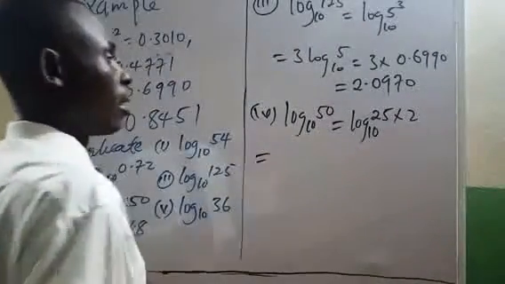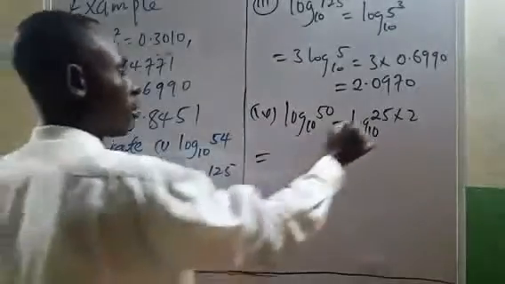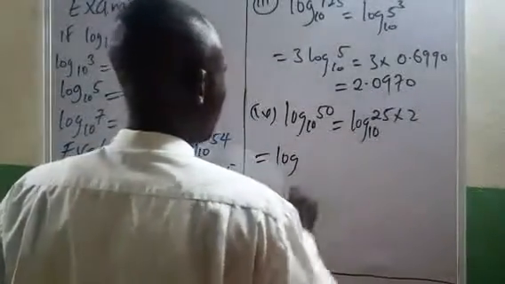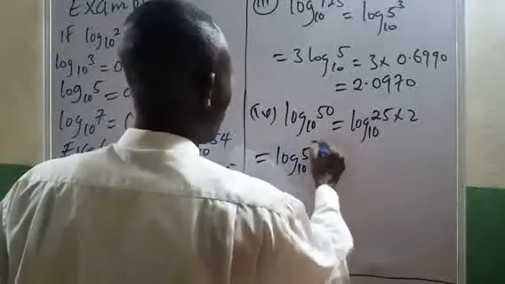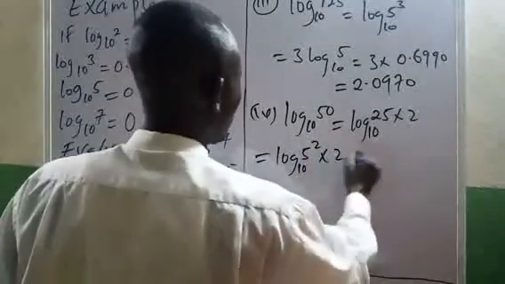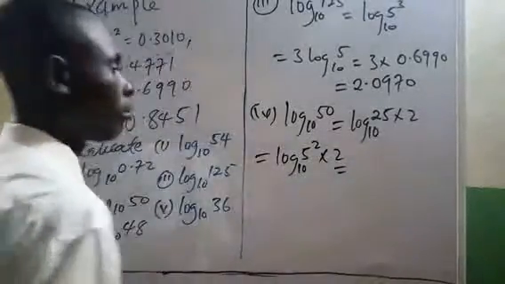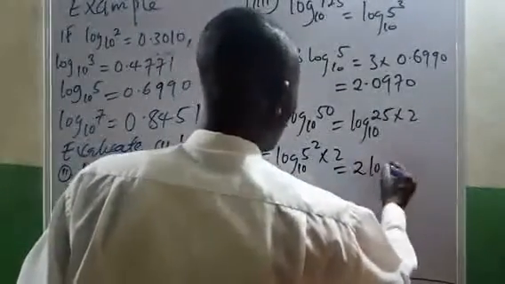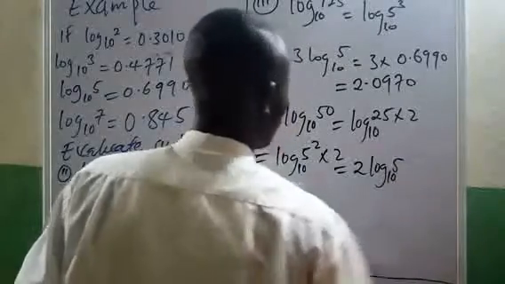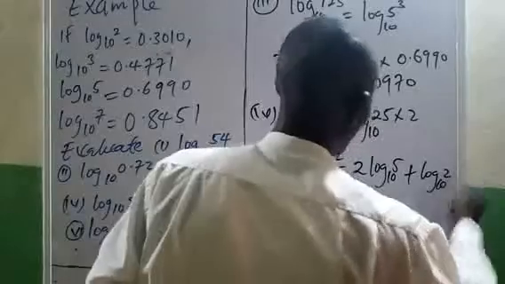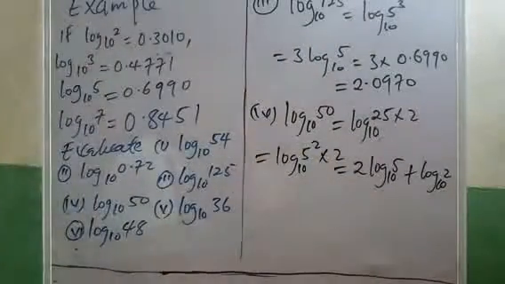That will be the same thing as, what do we have there? 25 is 5 raised to the power of 2 times 2. So this will give you 2 log 5 base 10 plus log 2 base 10.